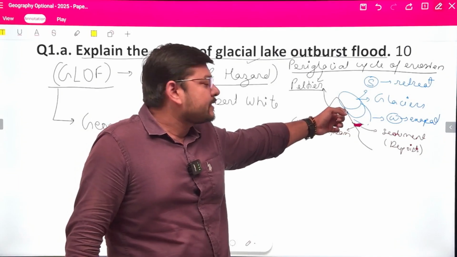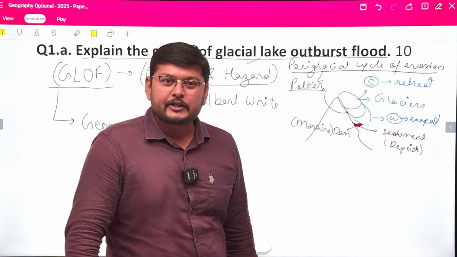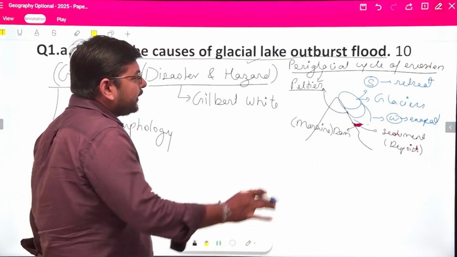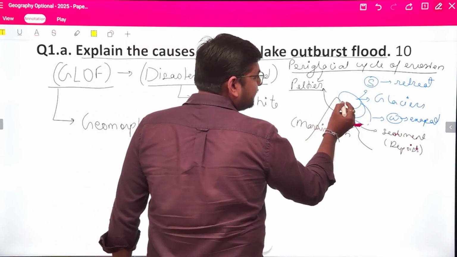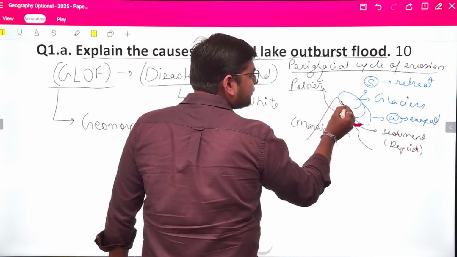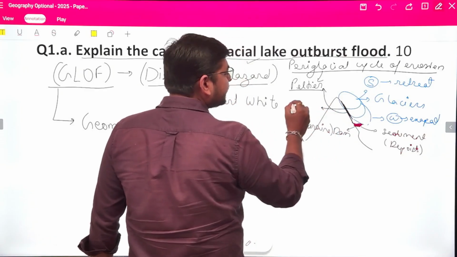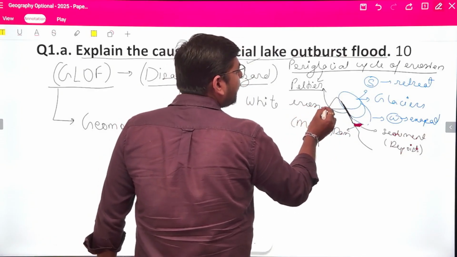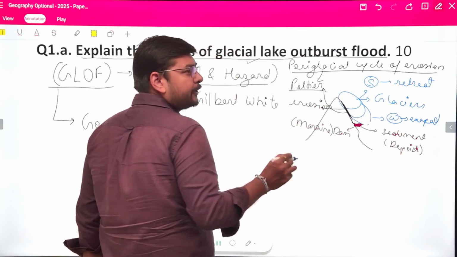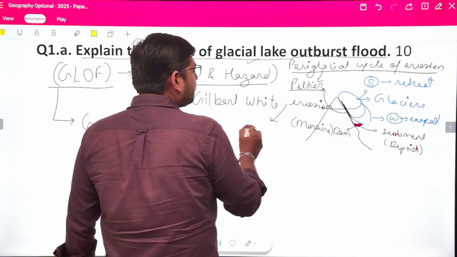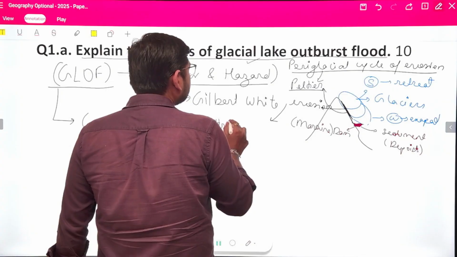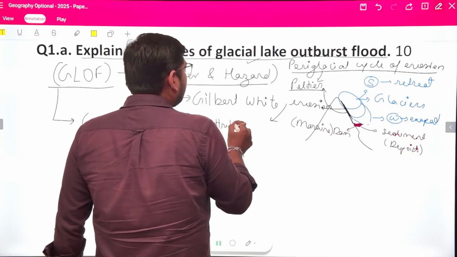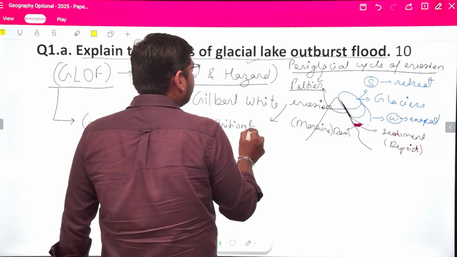He found this glacial region, where erosion and deposition processes take place simultaneously. The erosion done by the glacier is through the process of attrition and plucking.